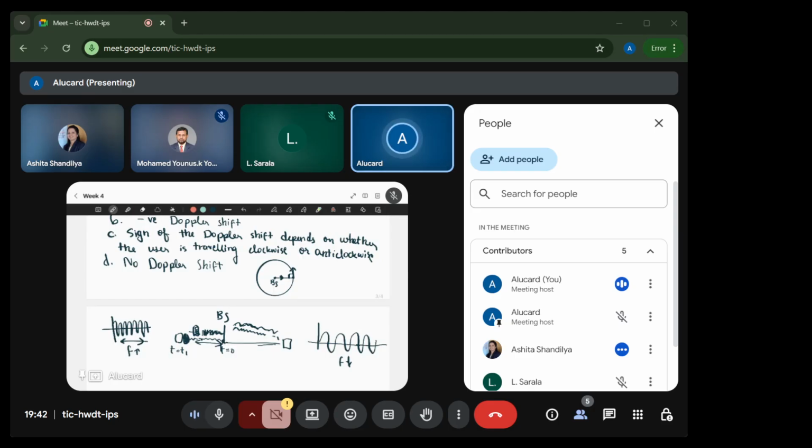And when he's not moving towards or away from the base station, there's no stretching or compression in the radio waves. So as long as he's moving perpendicular to the base station, there's no change in frequency. That is a very layman's way of explaining Doppler, but I'm not a physicist, so this works for me.